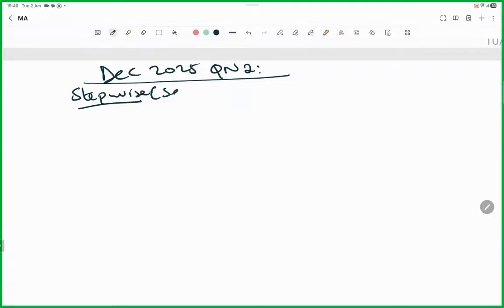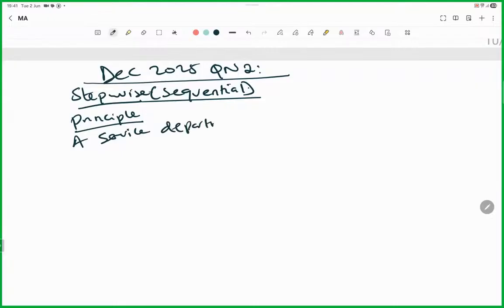Stepwise or sequential. The principle here: a service department's costs are apportioned only once.